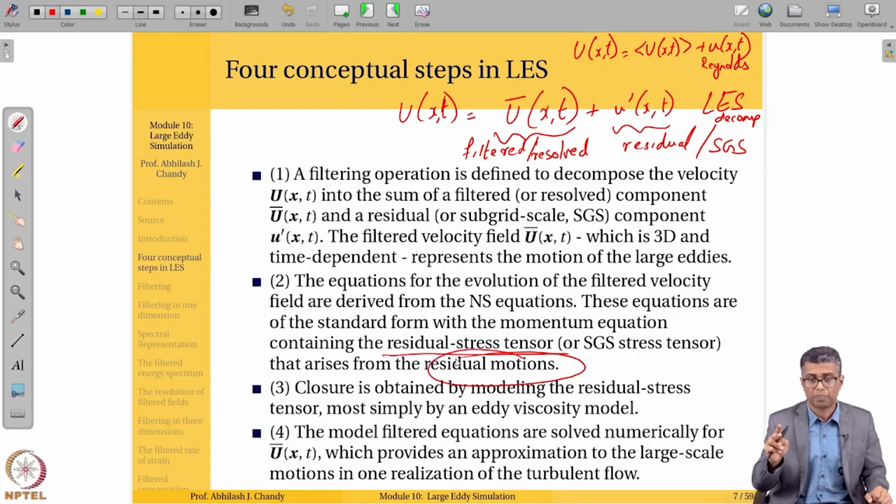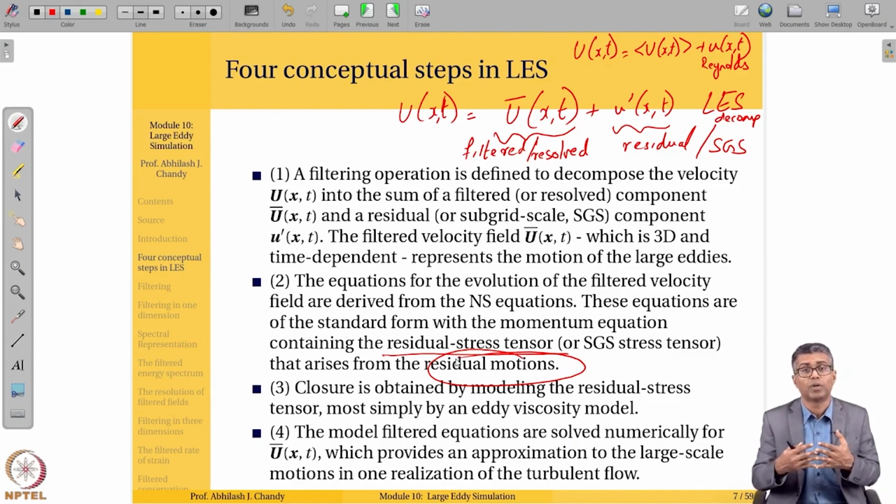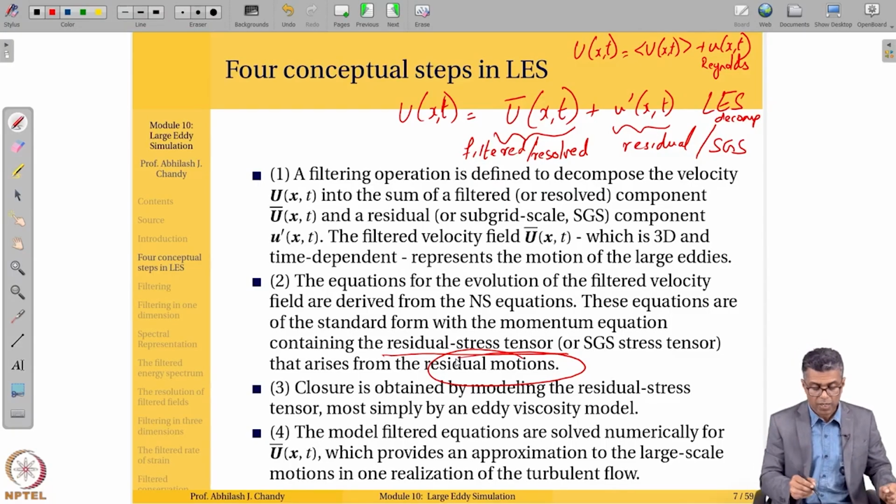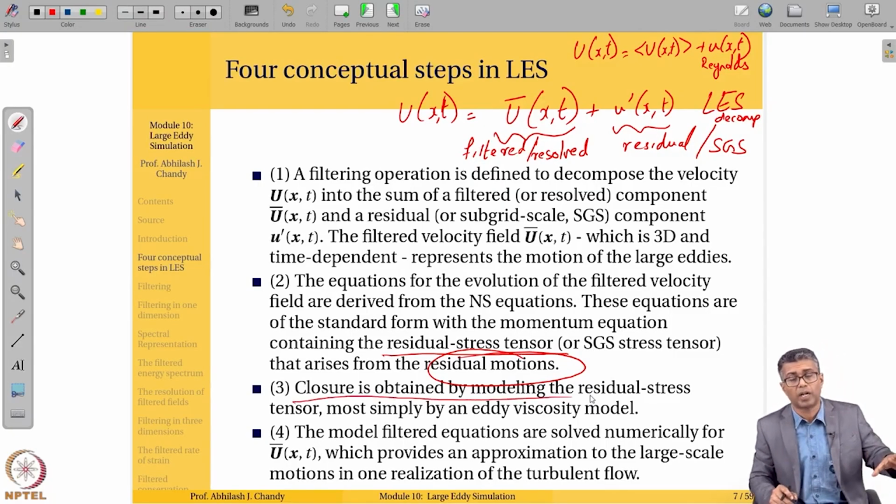That's your second step. The third step, now that you have this subgrid scale stress tensor that has come up, and you don't have a way to capture that, to solve for that, to calculate that, you will need some kind of model to close it. So that is what we mean by the third step, which is closure is obtained by modeling the residual stress tensor.